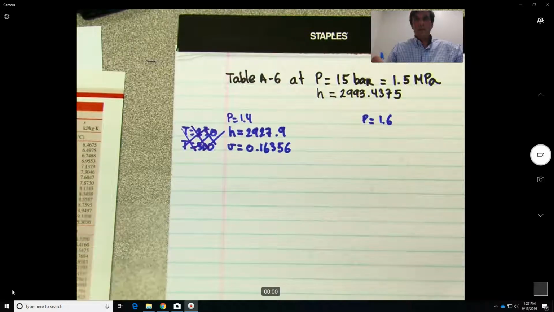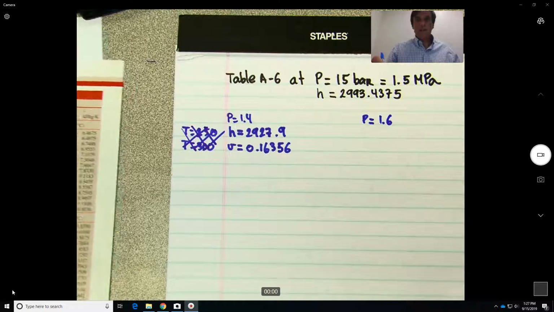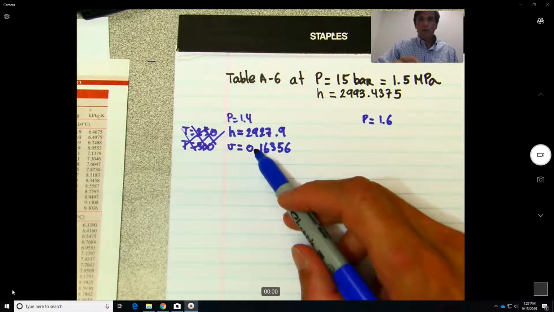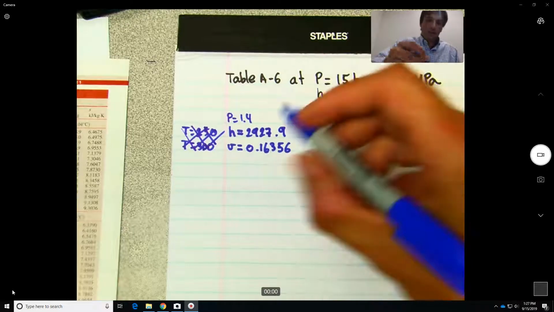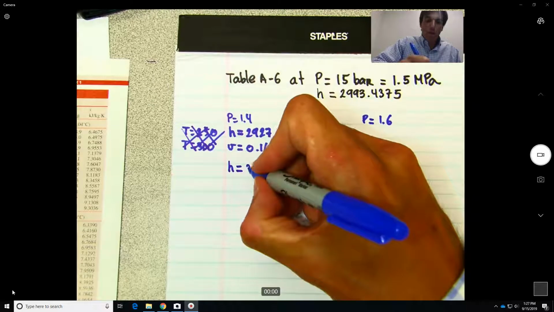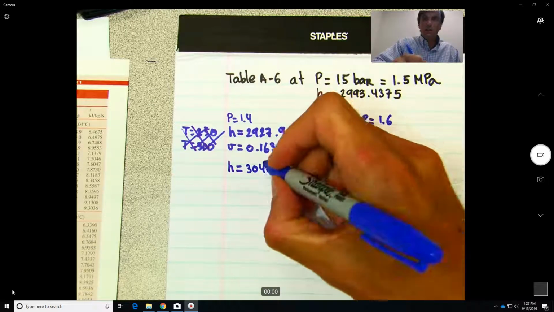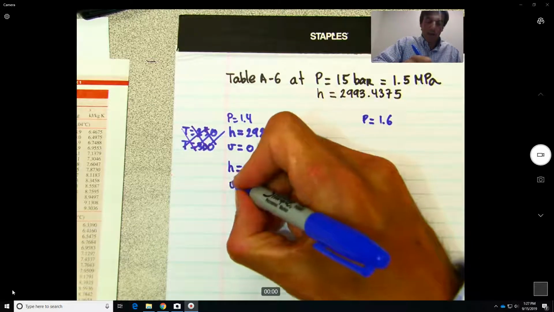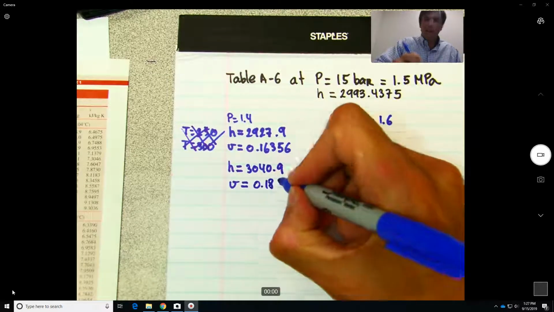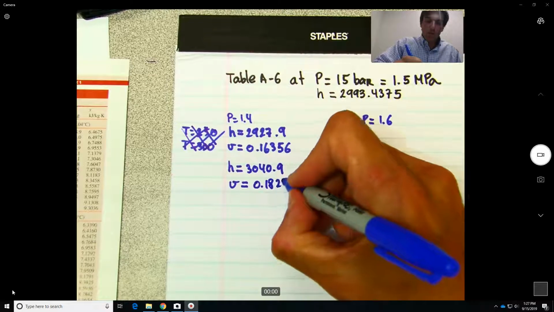Okay, and now it would be 1.4, and we have the other H will be H equal to 3040.9, and v equal to 0.18233.